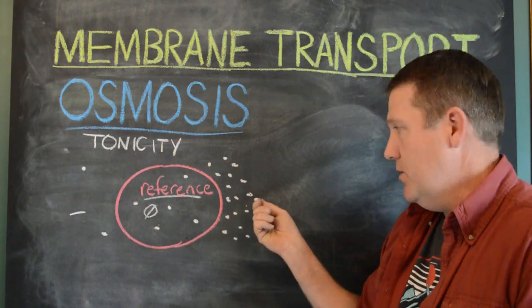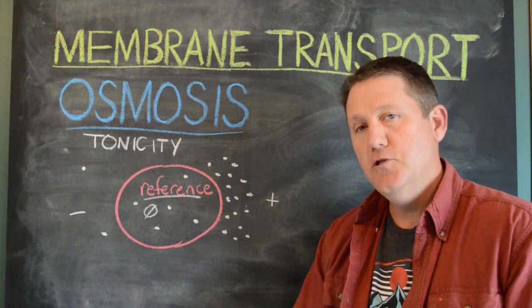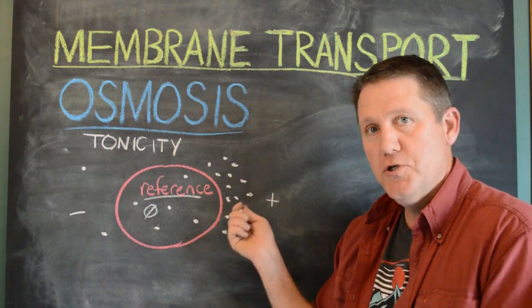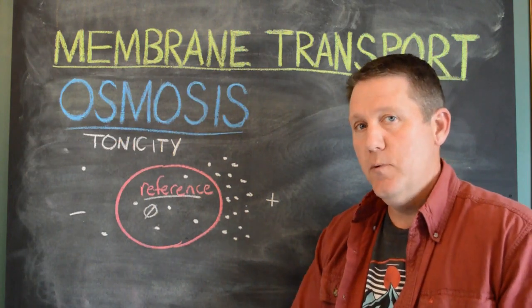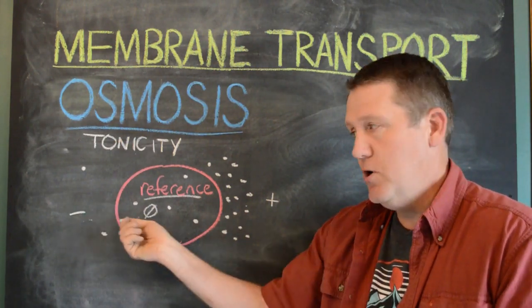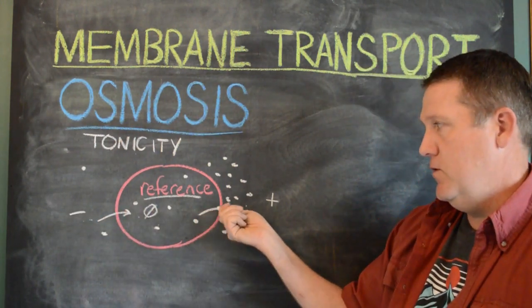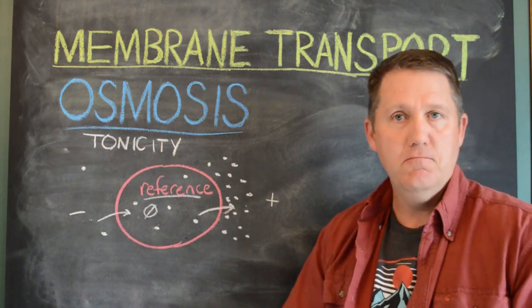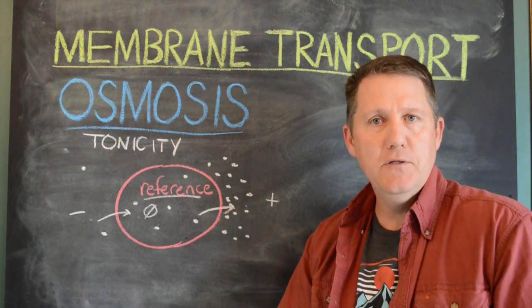If we have more solutes, well, that would be a positive. And so it's just saying we have more solutes out here. And that then determines where the water goes. Remember, water follows salt. So in this case, there's more salt in here, so the water would come in. In this case, it's going to follow the salts out. Really different results. Let's take a look at that with red blood cells.